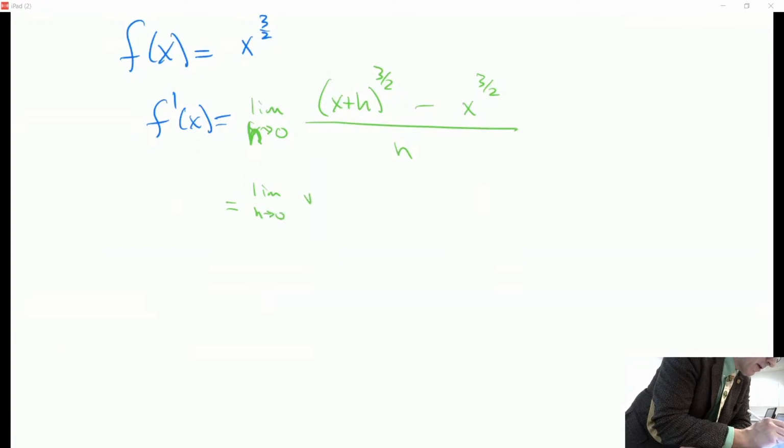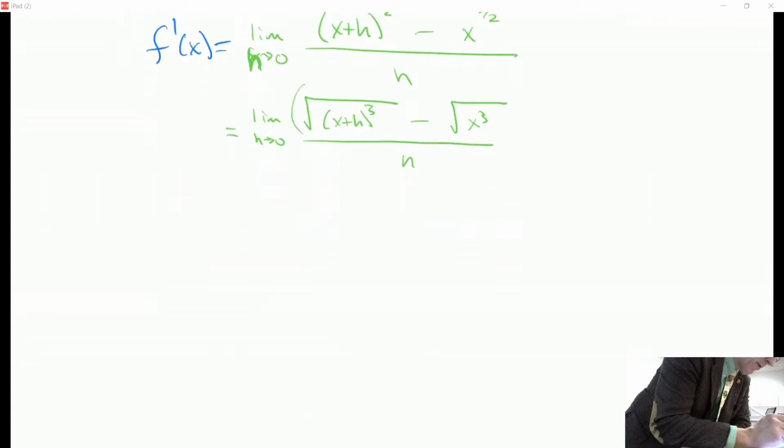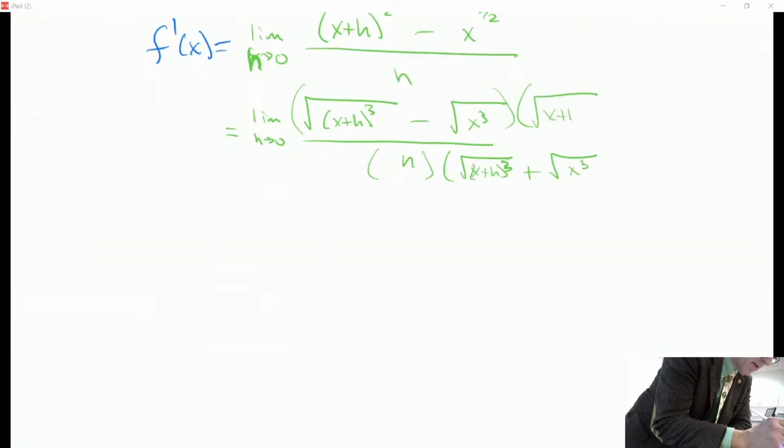So h approaches 0. This thing is actually the square root of (x plus h) cubed minus the square root of x cubed. We've dealt with things like this before. What I'm going to do is multiply by the conjugate of that thing in the numerator, the square root of (x plus h) cubed plus the square root of x cubed.